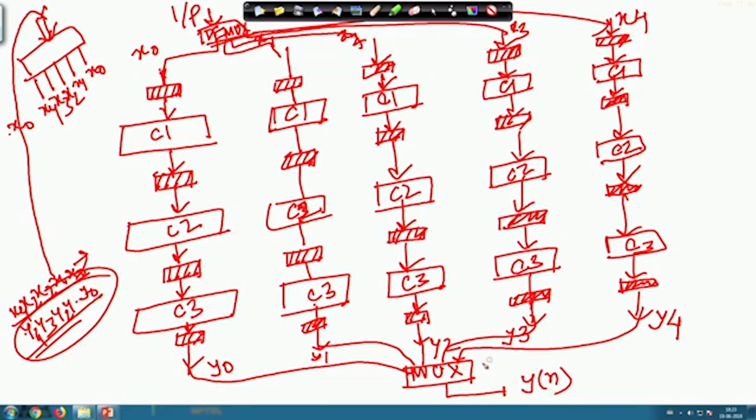So, now it will be a 5:1 multiplexer, okay, and the select lines are something like this, okay. So, this is the corresponding circuit.